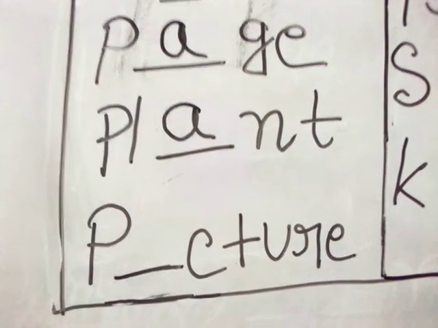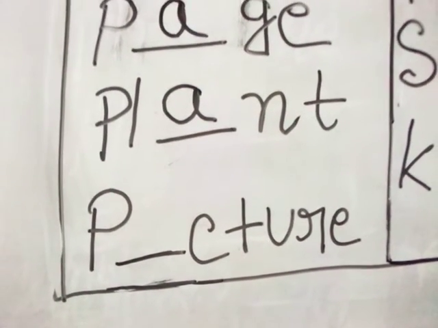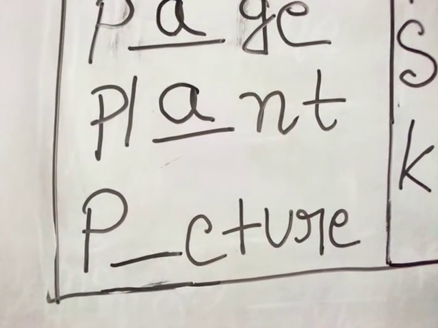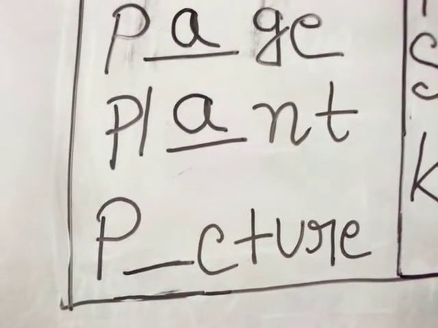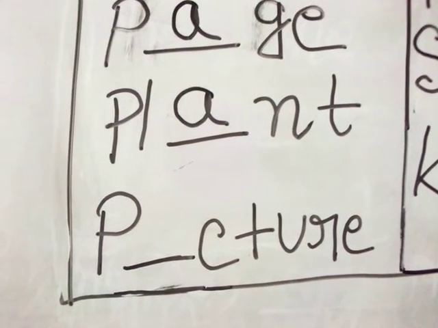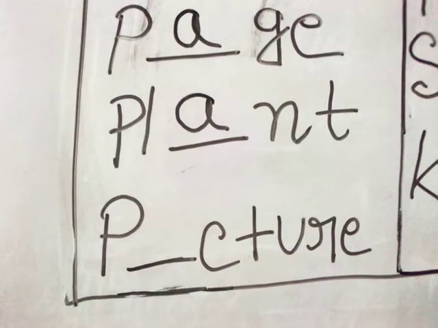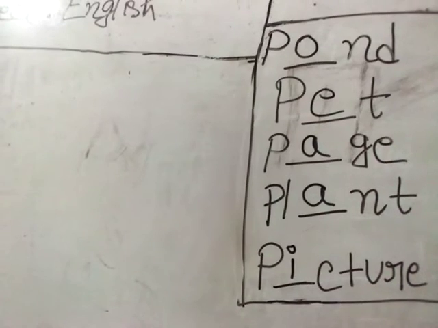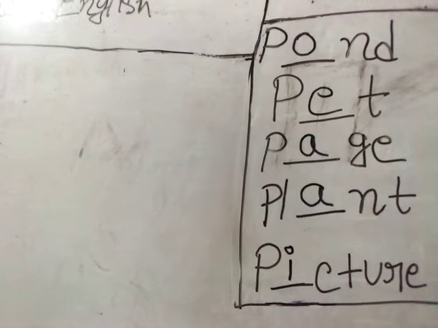But if I put I, then it becomes picture. Picture means photograph or image. Can't we put the vowel I as the missing letter here? Yes, we can place an I here. So with I it becomes picture. Now it's giving a meaning. Okay.